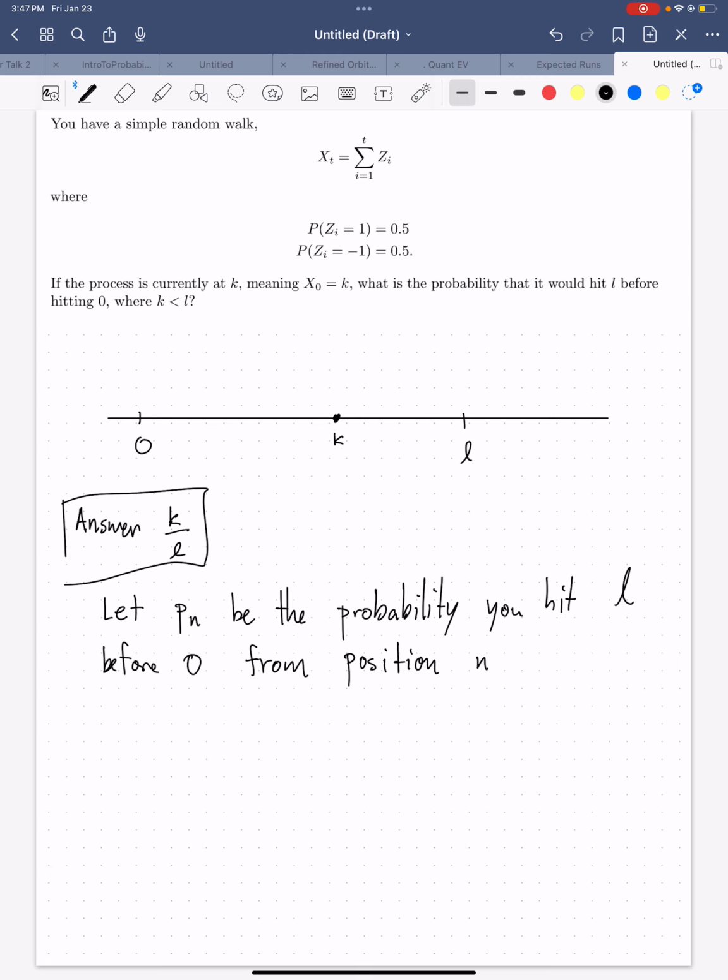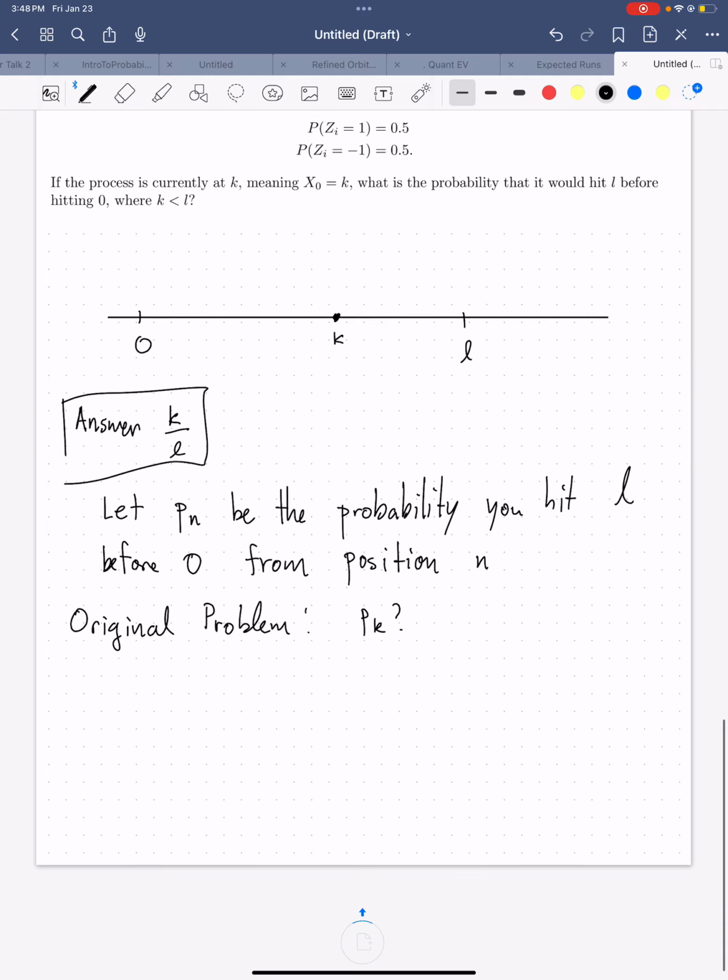Okay, and so now that we've sort of expressed our problem in terms of this, we note that the original problem asks for pk, this probability that you hit L before 0 starting from position k.